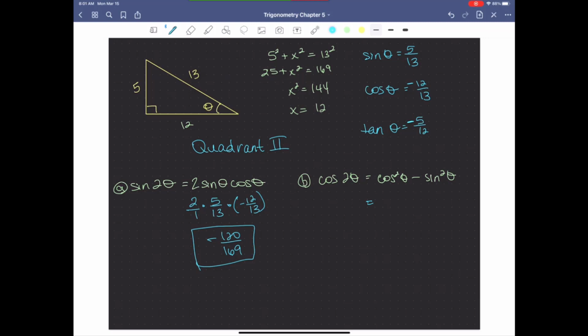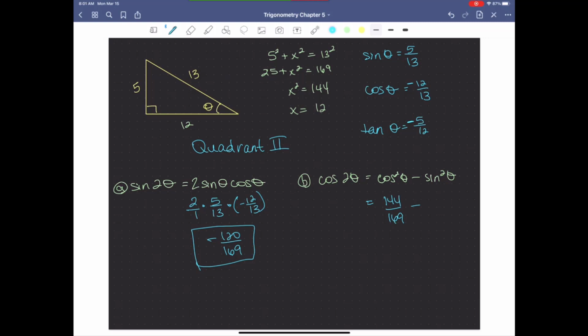What do you want to put in for cosine squared? And what are you going to get when you square that? 144/169. Yep. You can skip that step and go straight to there, right?